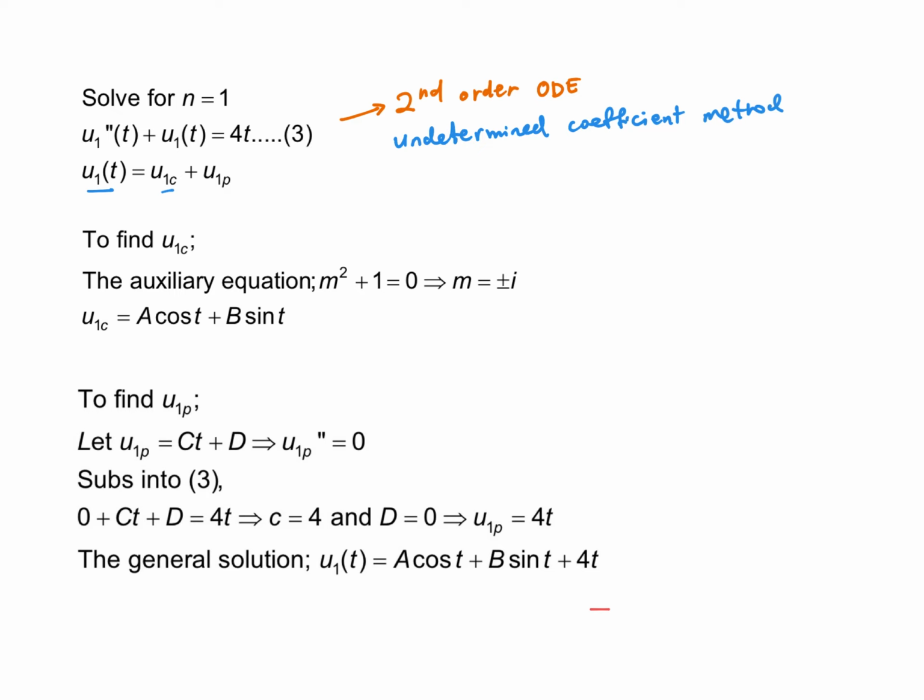So u1c is the complementary solution and u1p is the particular solution. In order to solve for u1c and u1p, we are going to split this equation. So we will have u1 double prime(t) plus u1(t) equal to 0.